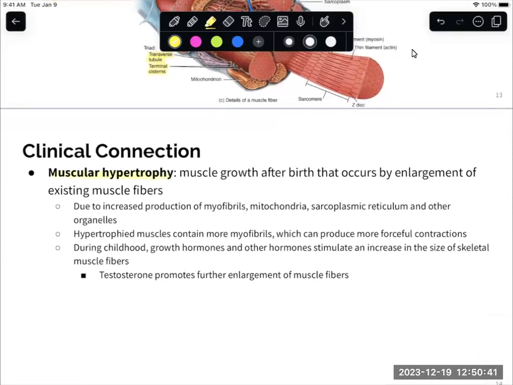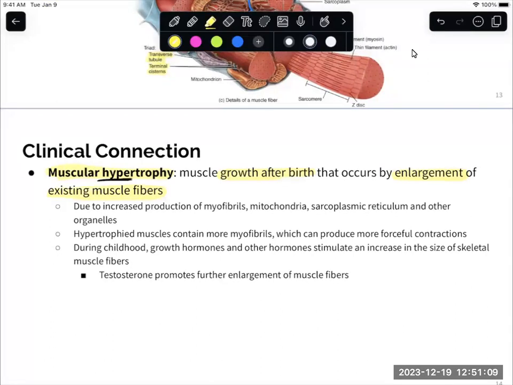Muscular hypertrophy. Hyper means above normal. Our muscles are going to grow after birth, and this causes an enlargement of the existing muscle fibers.